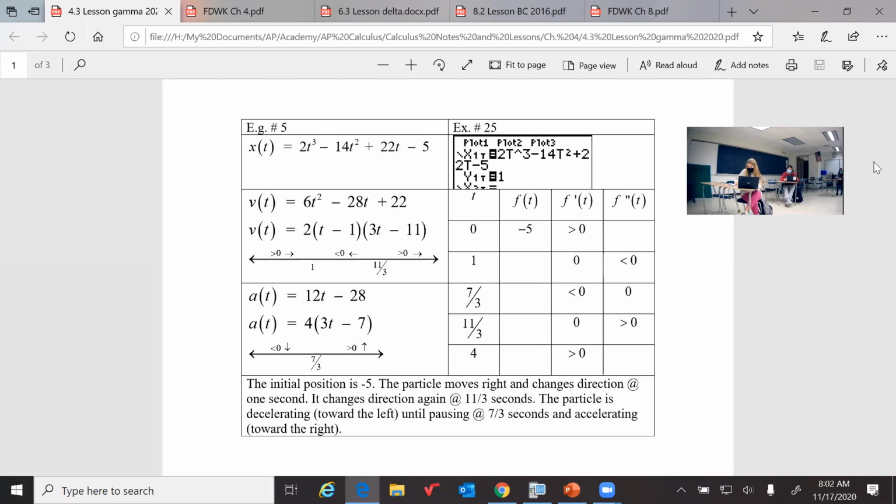So the 3t can't get multiplied by the 11. That would give us too many t's. So the 3t's here, and t's here, ready? No, 3t here and t here.